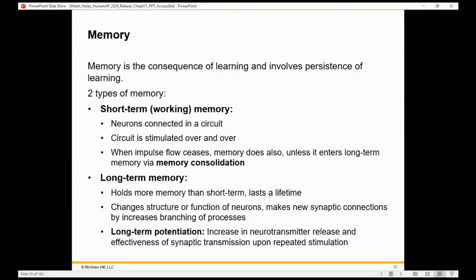It's like a pathway that you go down over and over again. In long-term potentiation, you have an increase in neurotransmitter release and effectiveness of synaptic transmissions upon repeated stimulation. So if you keep using that information, you will actually have more efficient neurotransmitter release.